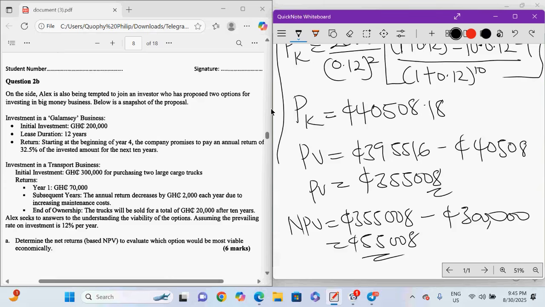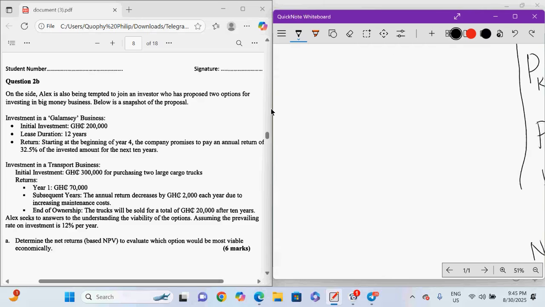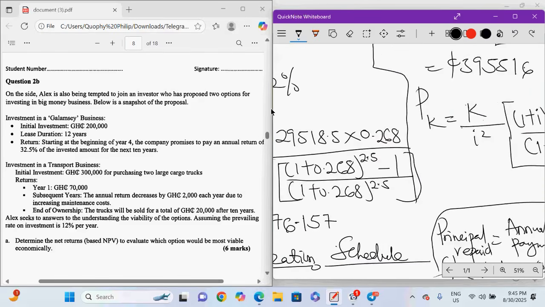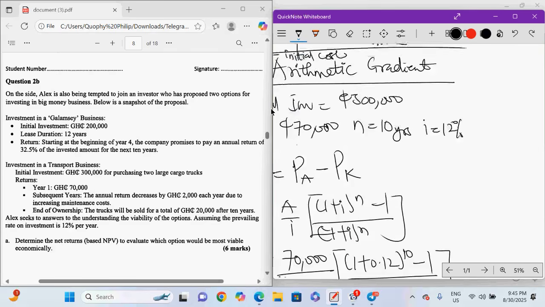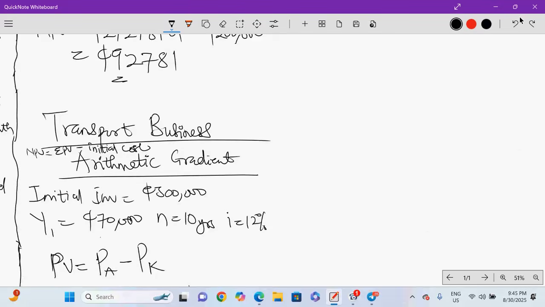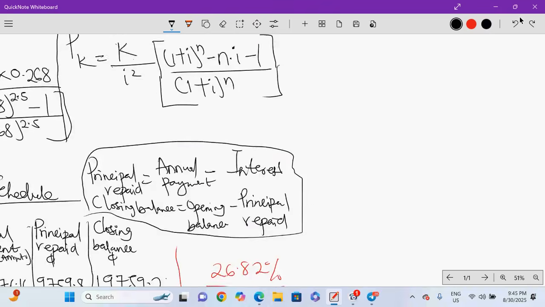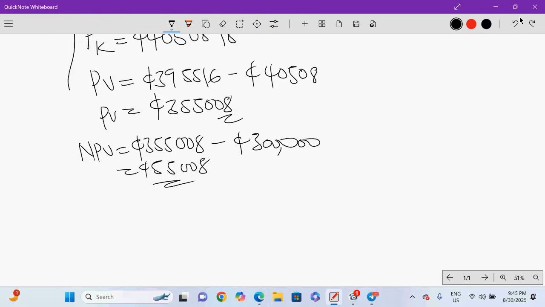So based on these two projects, which of them is more viable? What did we get for the first one? The first one at 92,781, and this is giving us 55.